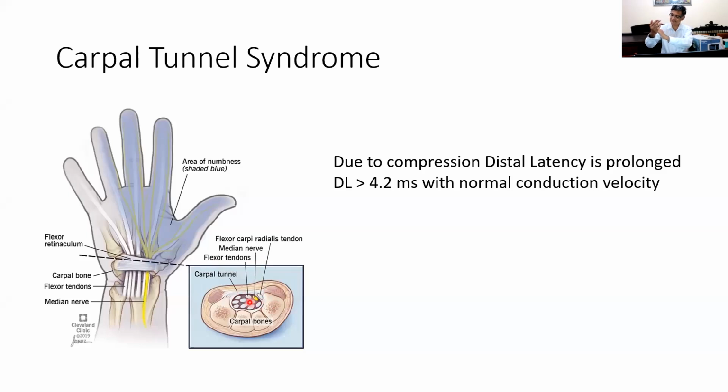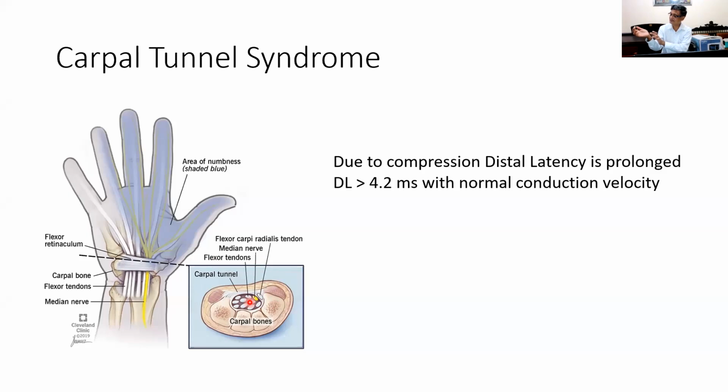When you flex the wrist, it becomes worse. That is actually a test. You can flex it and see whether the same pain can be induced, because the flexor retinaculum gets compressed against it. That's called Tinel sign, T-I-N-E-L.